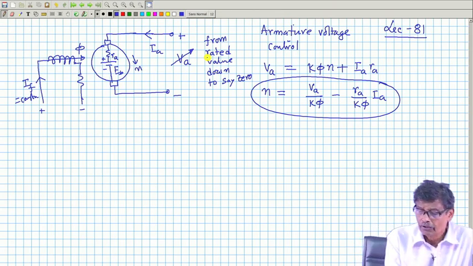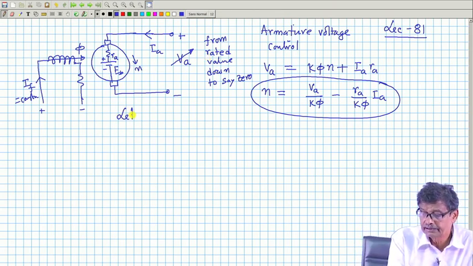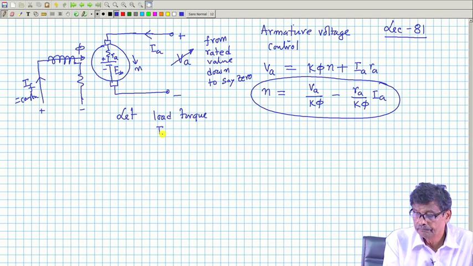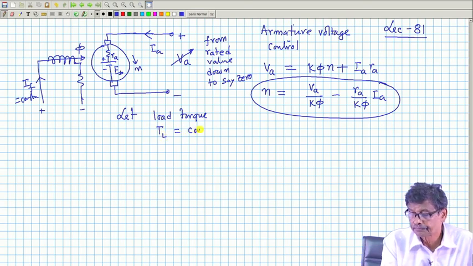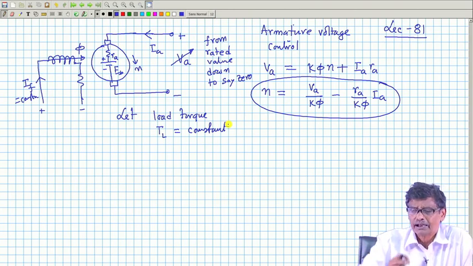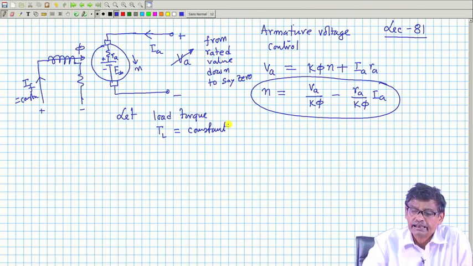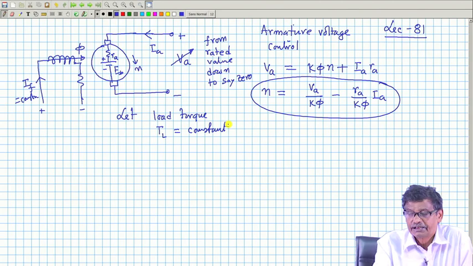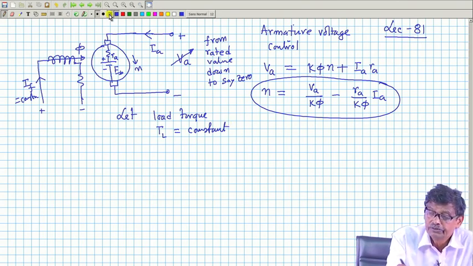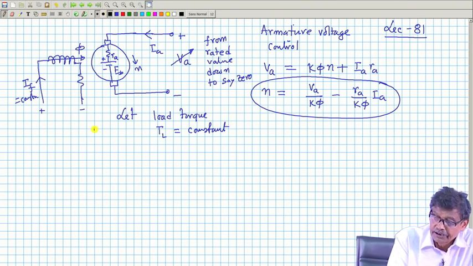Now, let the load torque T L be constant. Therefore, if you find the machine is running steadily with some applied voltage, you are sure that the electromagnetic torque produced by the machine is also this much. That you know by this time, always think in that way. Now, let us try to see the characteristics of the machine.